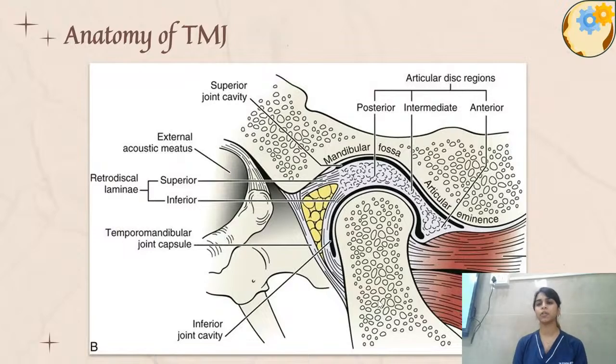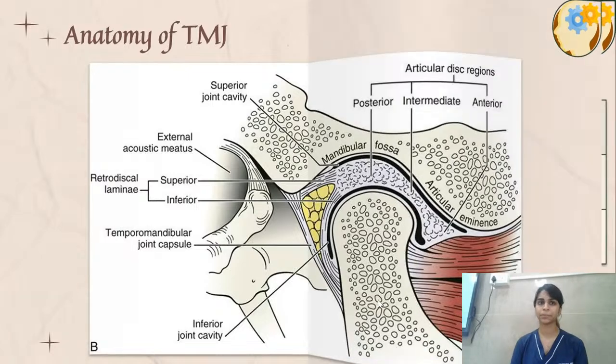The synovial fluid is present in the joint cavity, which is divided into two parts, superior joint cavity and inferior joint cavity, with the help of an articular disc. The articular disc has three regions: anterior, intermediate and posterior. It is the posterior region that has the most abundant neural and vascular supply. Along with this, there are many muscle and ligamentous attachments as a part of the temporomandibular joint.